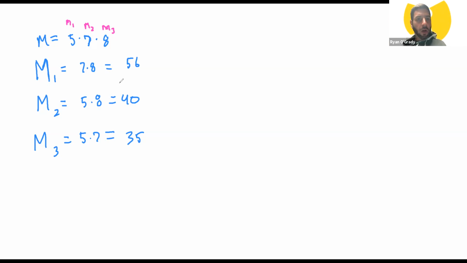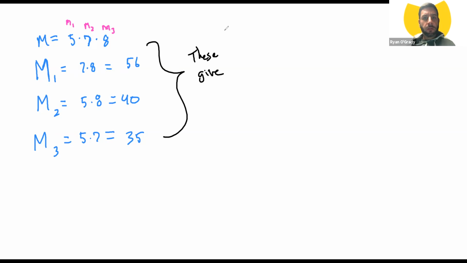So the corresponding congruences that are connected with these 3 are, we're going to use this right here. So let me get a different color. So these give the following. Use a dark green.